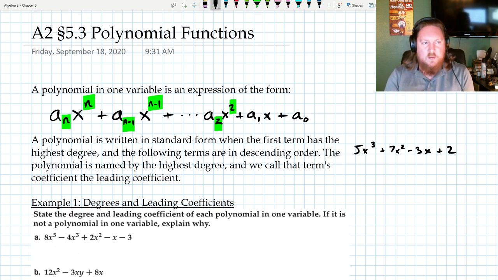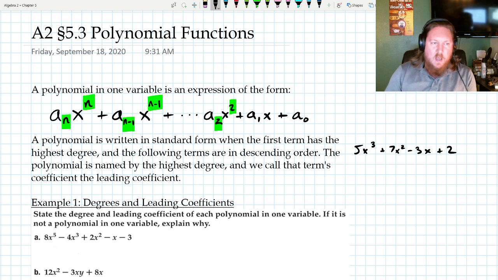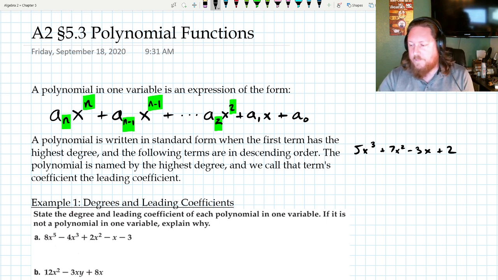So we can refer to them that way. I could say, what's the quadratic term? Or what's the quadratic coefficient? I find the quadratic part of the problem where it's x squared, and I say, oh, 7. 7 is the quadratic coefficient. So you can describe each of the coefficients based on the exponent of the variable that's attached to it.